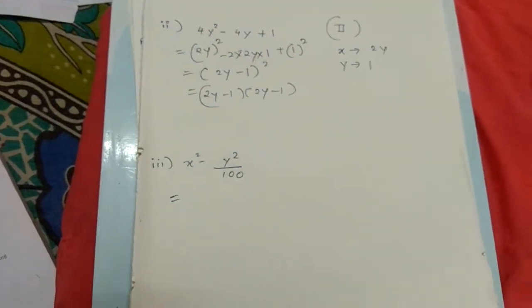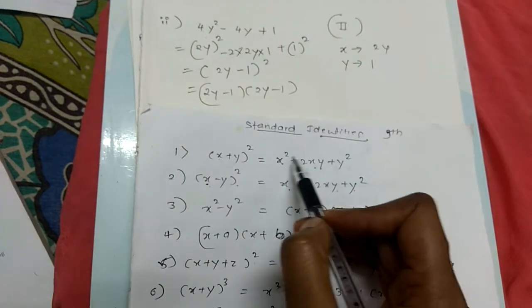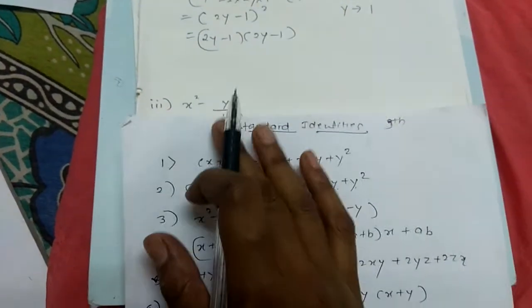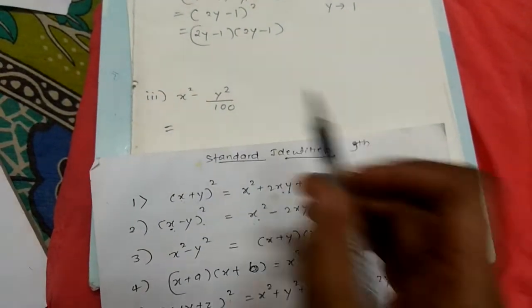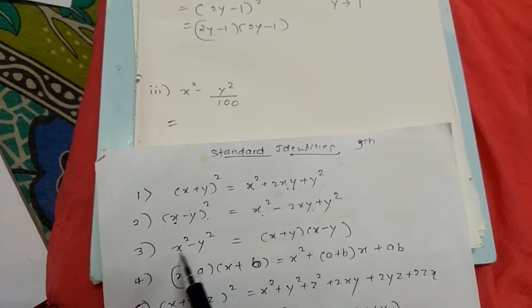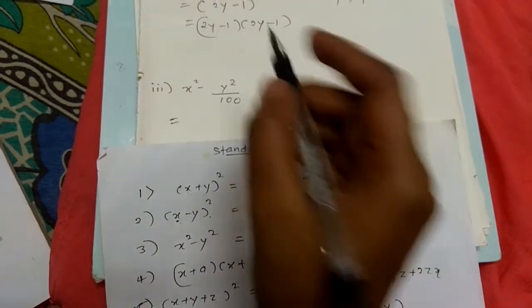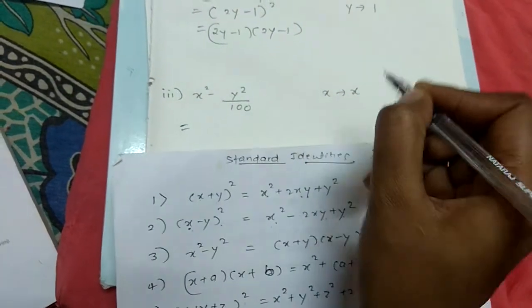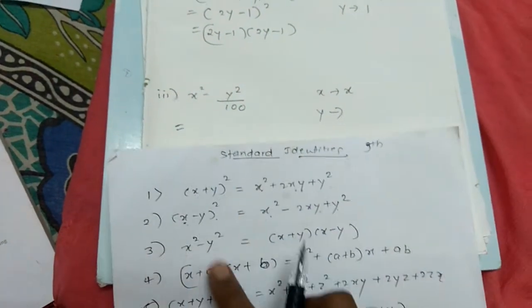Here we have a square, and here also we have a square, but here they are given as separate squares. So we have to find the identity where there are two terms and separate squares. We can see the third identity, x square minus y square. In place of x we have x only, and in place of y, the second term square.